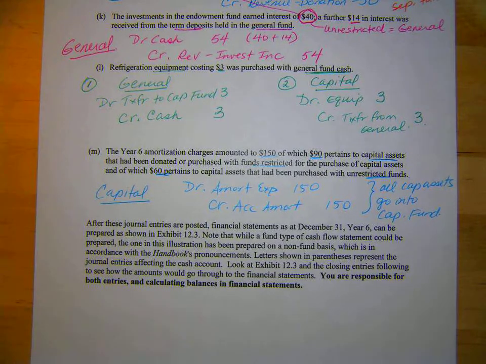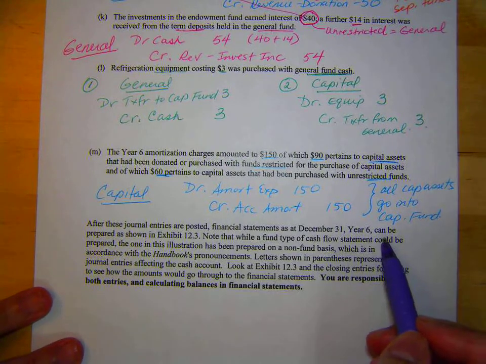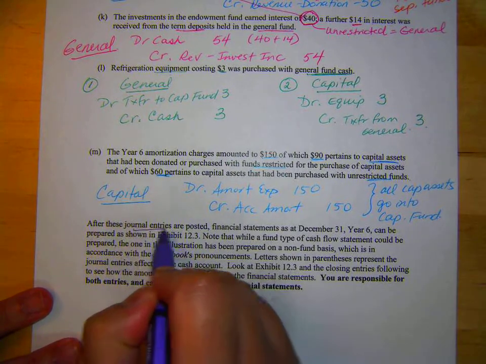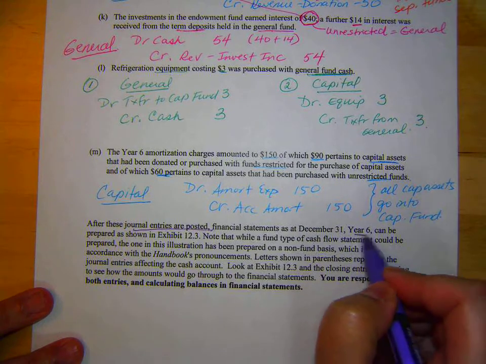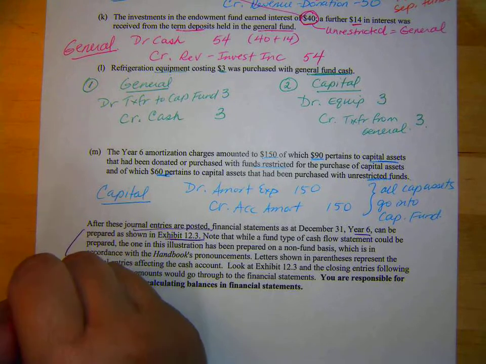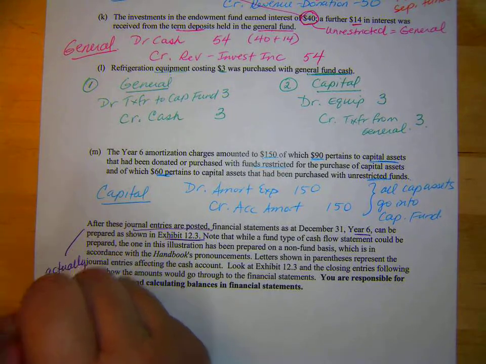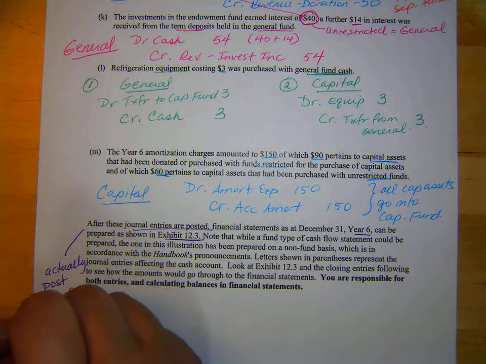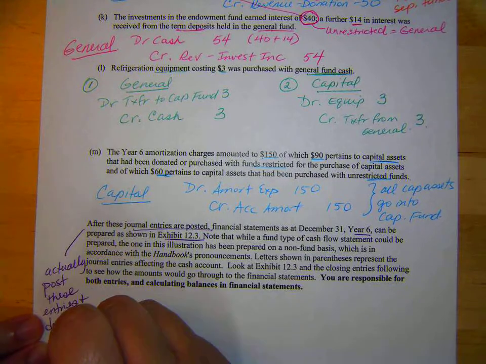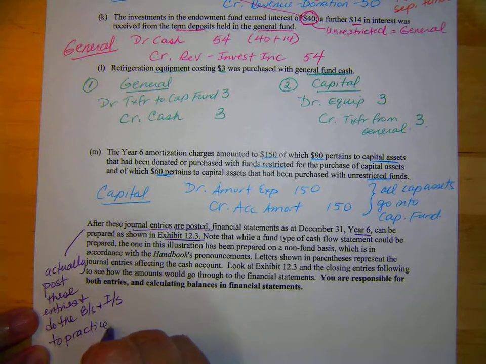Okay, so those are the transactions. After these journal entries are posted, financial statements can be seen in Exhibit 12.3. So I want you to actually post these entries and do the statements, just the balance sheet and the income statement, to practice, because you need to know how to do that.